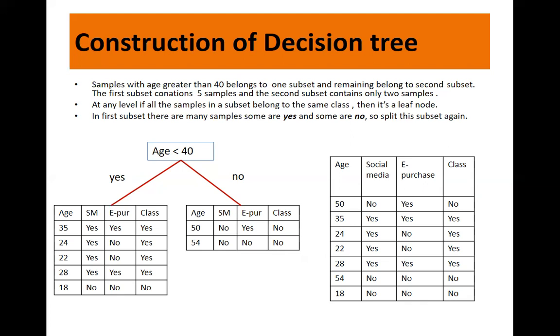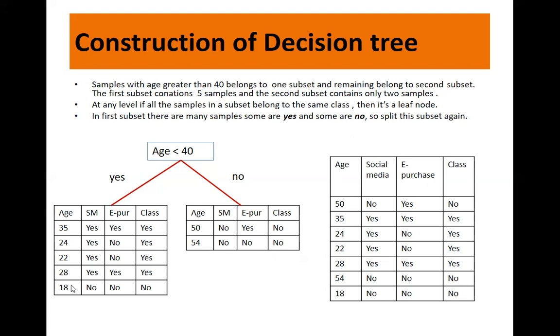All the samples belong to the same class. So 5 samples belong to subset 1 and only 2 samples belong to subset 2 out of total samples. In subset 2, all the samples belong to the same class. That means there will not be any further splitting here. This node will not be split further and this is a leaf node, right?